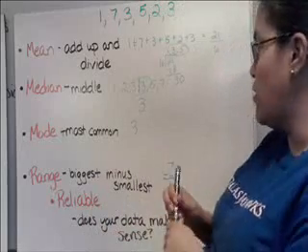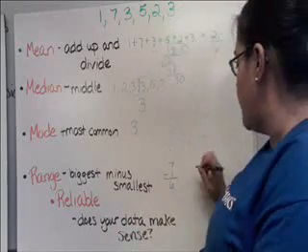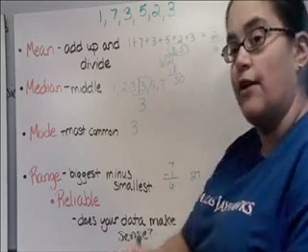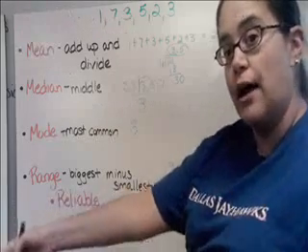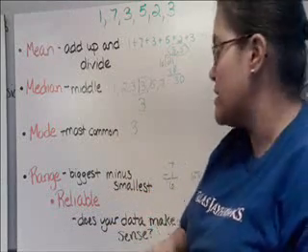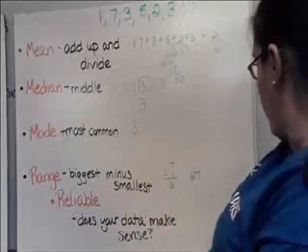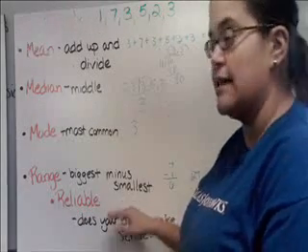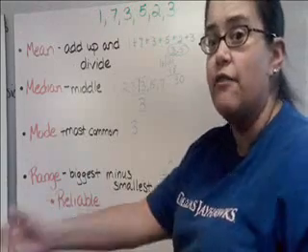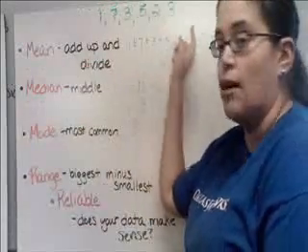If you have a very large range, say we had a range of 27 or something like that, that would mean that we have a very large spread between our smallest and our largest numbers. And that tells us that our data may not be reliable. What that means is that there's some number that's very large or very small that can be very different from the rest of your numbers.